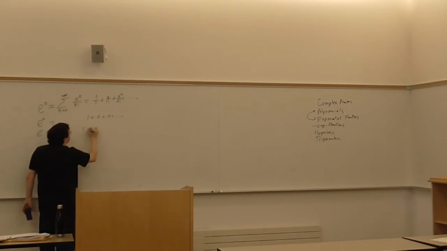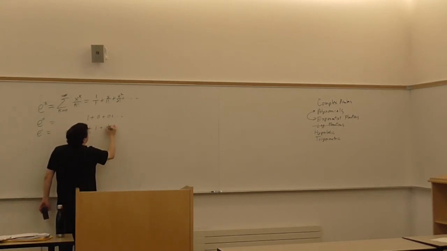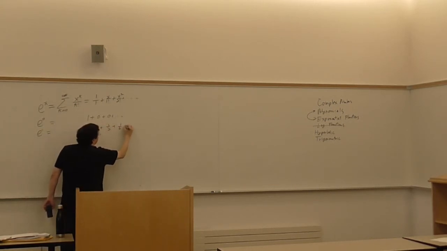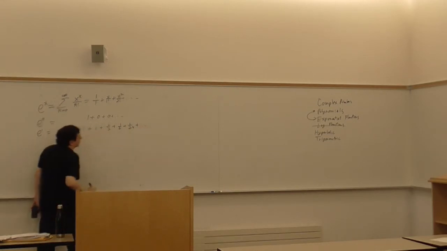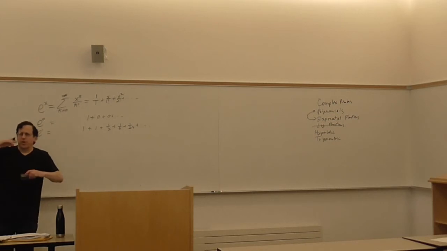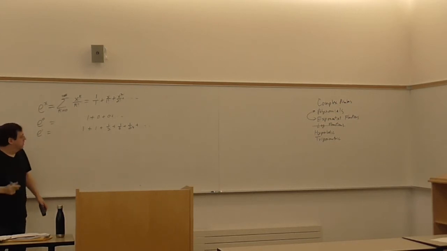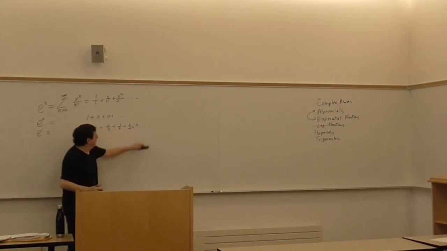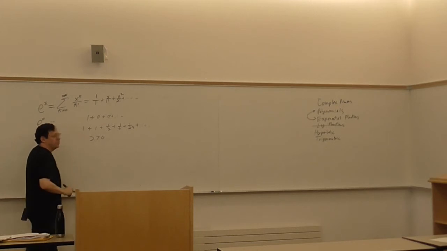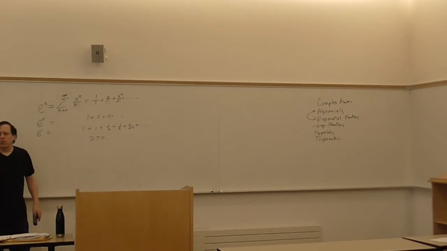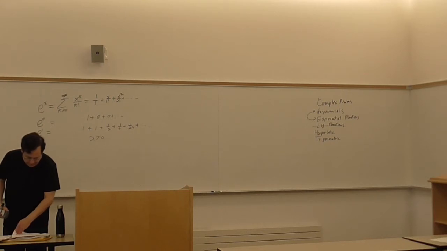It'd be 1 plus 1 plus a half plus a sixth plus a 24th plus a bunch of terms getting much smaller. Well, if I add these up, I'm going to get like 2.70 something. You can see where it's headed. It's headed towards e.